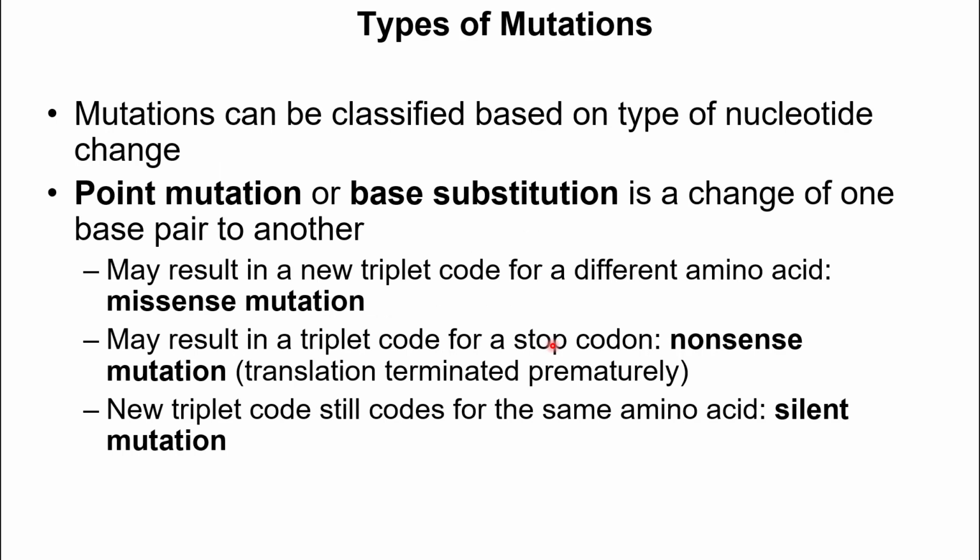Our types of mutations can be classified as either a point mutation, sometimes we call these base substitutions, in which we change one base pair, so one nucleotide, to another. And as we talked about in the previous chapter, on transcription in the genetic code, that can sometimes result in a new triplet code for an amino acid.